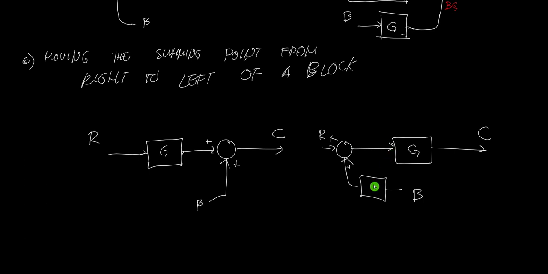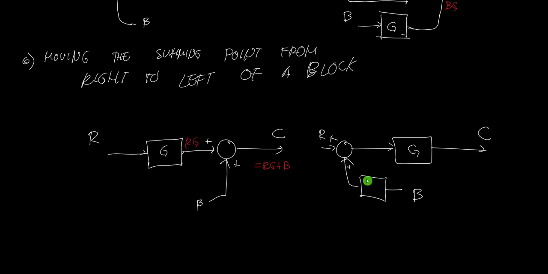Then what should this one be, so that if you add it with R, the output here will be C? And what is C? If you solve for C here in terms of G, this is R times G, and this is B, so C here will be R times G plus B. So that's the output that you want also in this part.